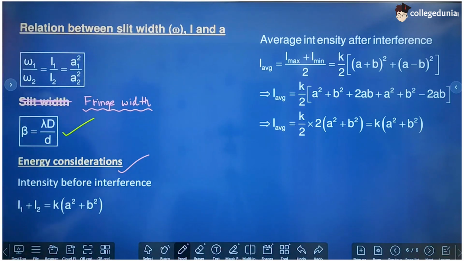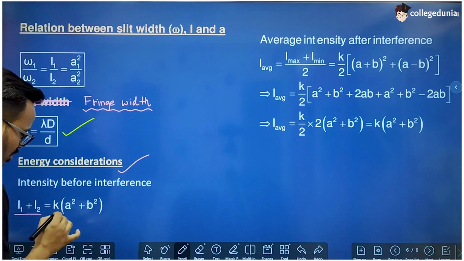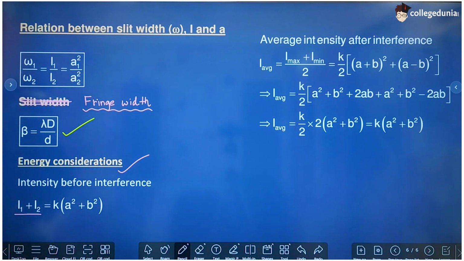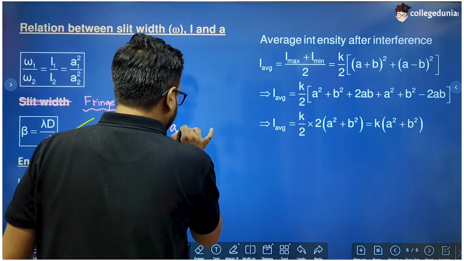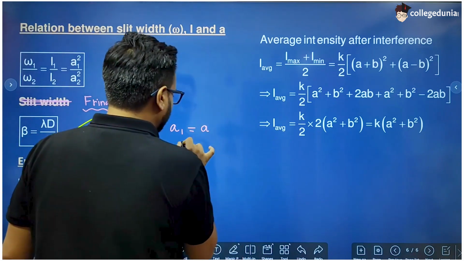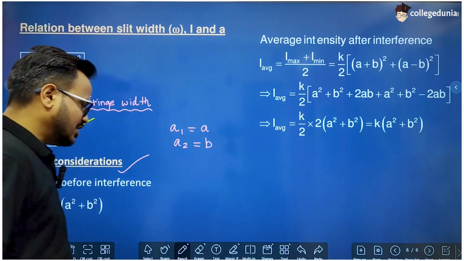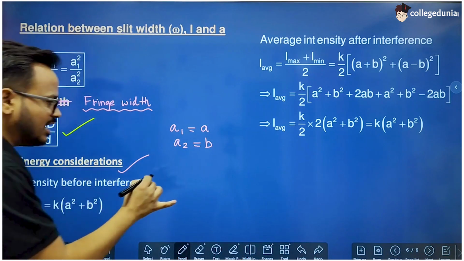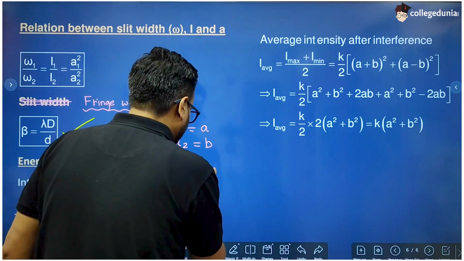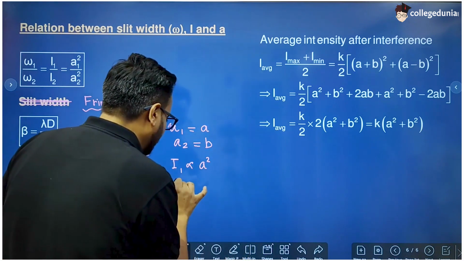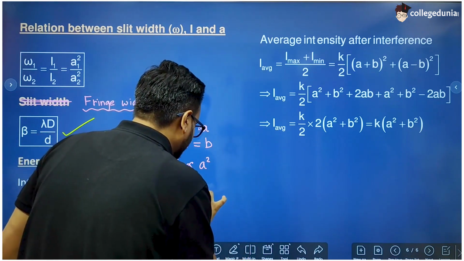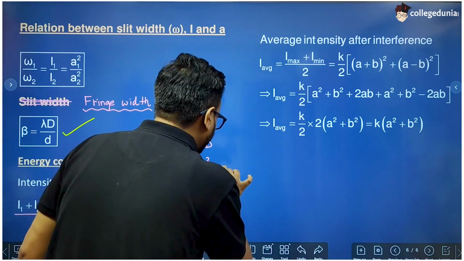So the total energy before the interference was I1 plus I2, which is obviously because I1 is proportional to A and I2 is proportional to B. Let us say that A1 is A, the amplitude of the first wave, and A2 is B, which is the amplitude of the second wave. So we can say that I1 is proportional to A square and I2 is proportional to B square.